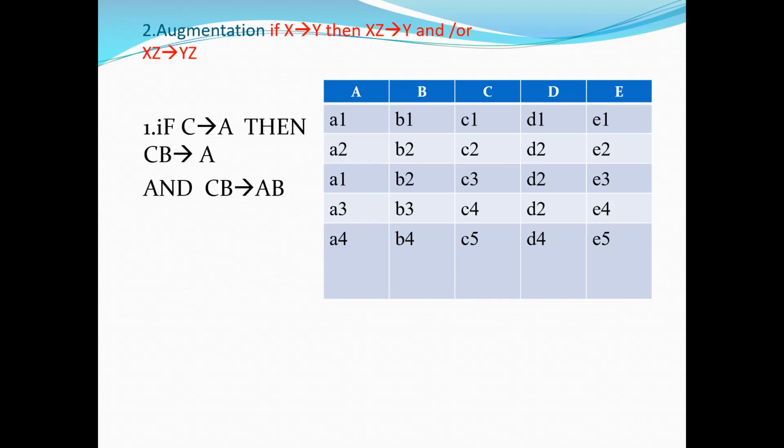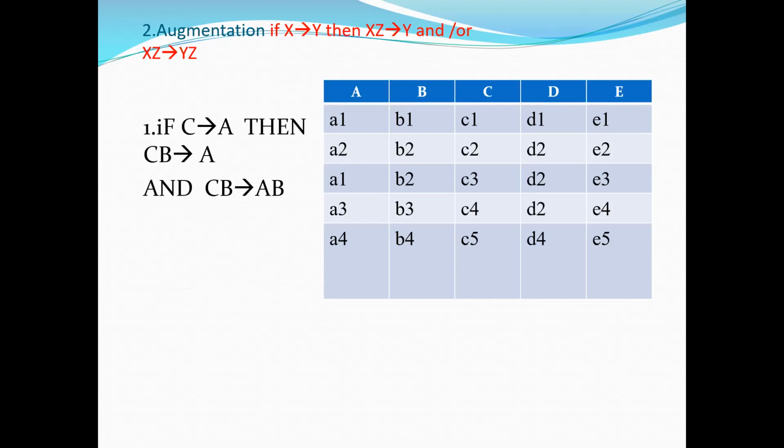C1 B1 pair. Is there any other C1 B1 pair? No. C2 B2 pair. Is there any other C2 B2 pair? No. C3 B2 pair. Is there any other C3 B2 pair? No. C4 B3 pair. Is there any other? No. C5 B4 pair. Is there any other?